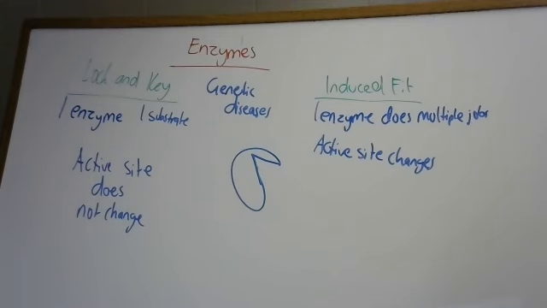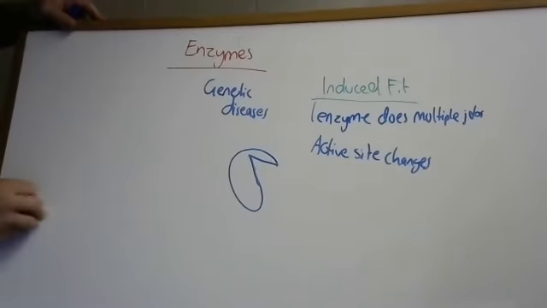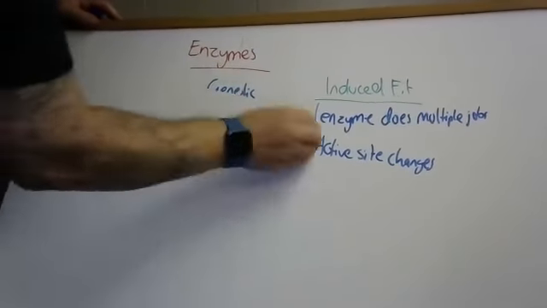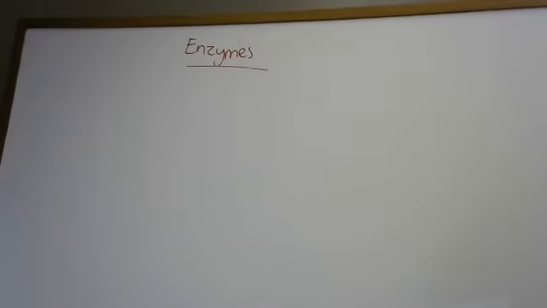So let's finish looking at the activation energy. We know that if we didn't have the enzymes, the chemical reactions needed to keep us alive would happen so slowly that life wouldn't be possible.